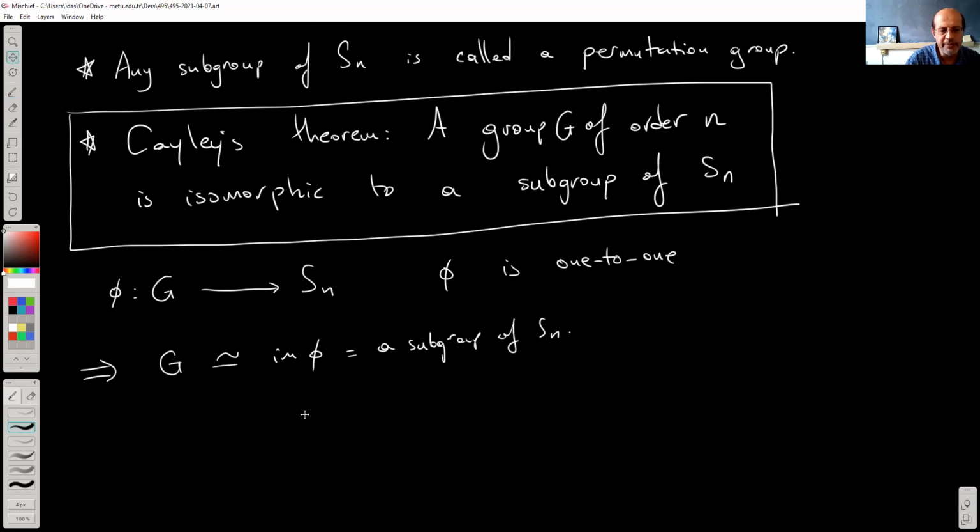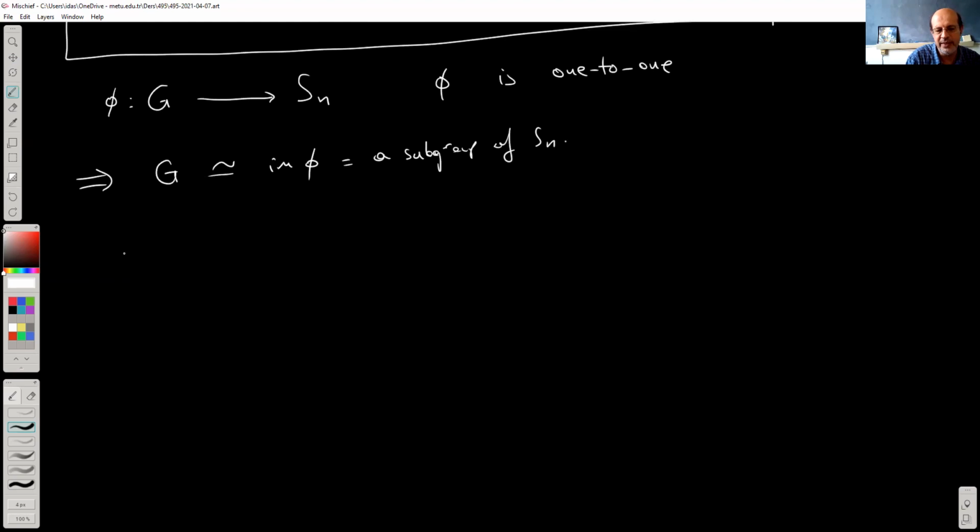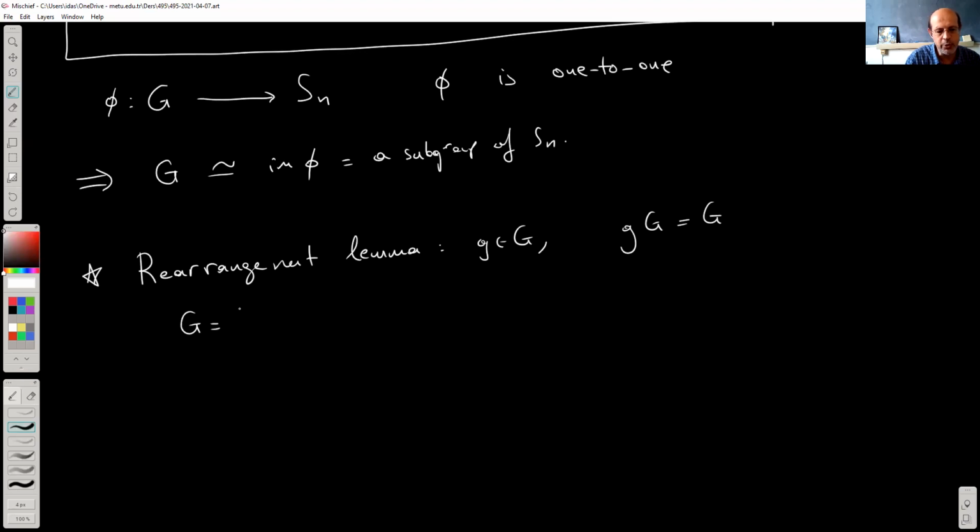The proof is very simple because this is something that we have done before. That's something called the rearrangement lemma, if you remember. So let's say g is an element of the group, and then we have said that G multiplied with g is equal to G. Let's say that I list the elements of the group as this sequence of n elements.